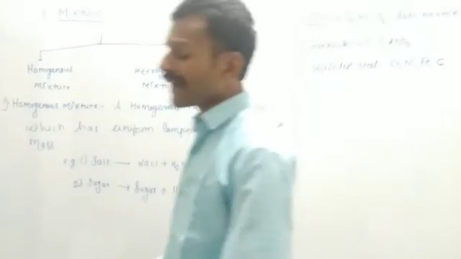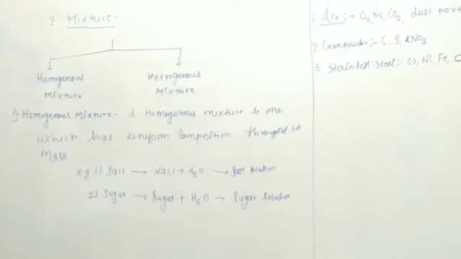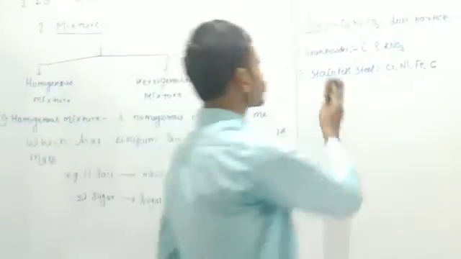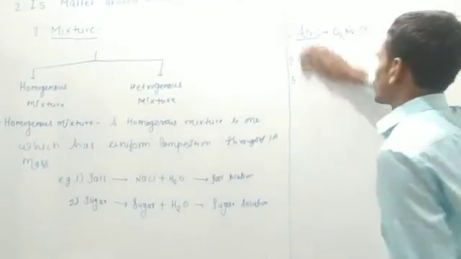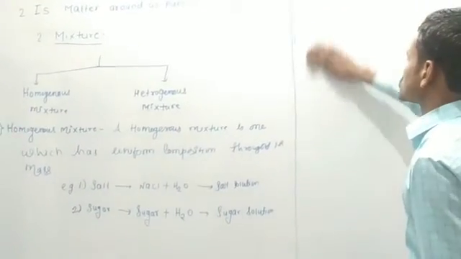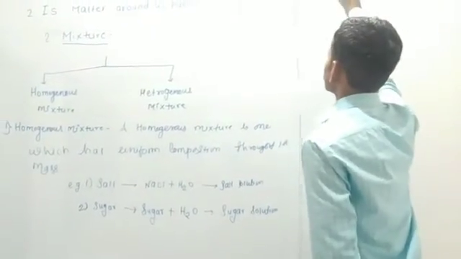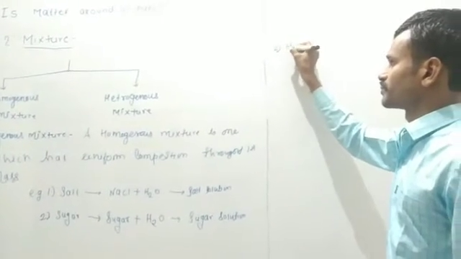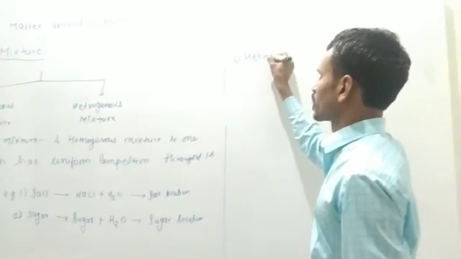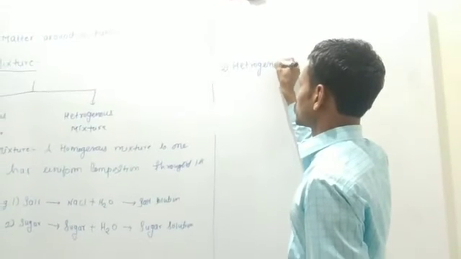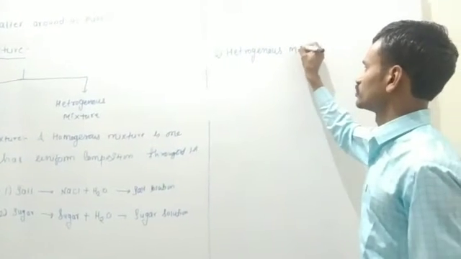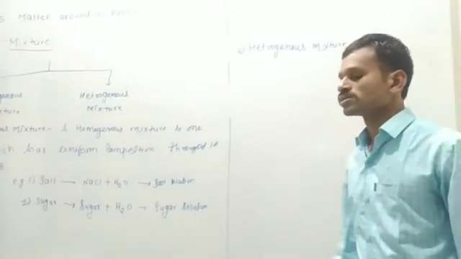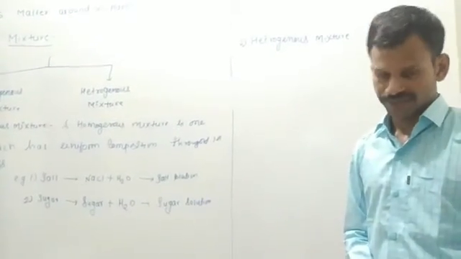Now, after defining this part, another part we have to study is called the heterogeneous mixture, the second type. So we will define it.